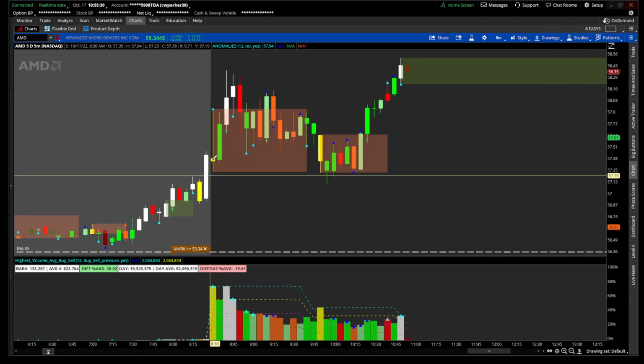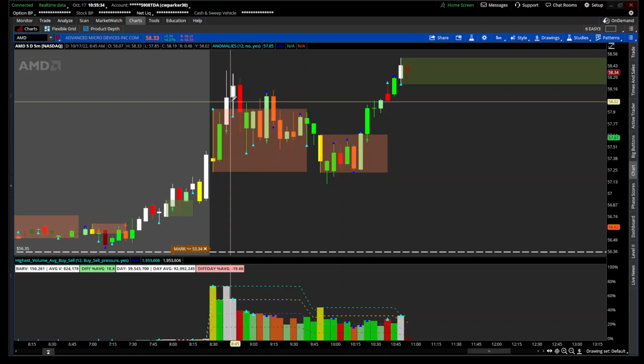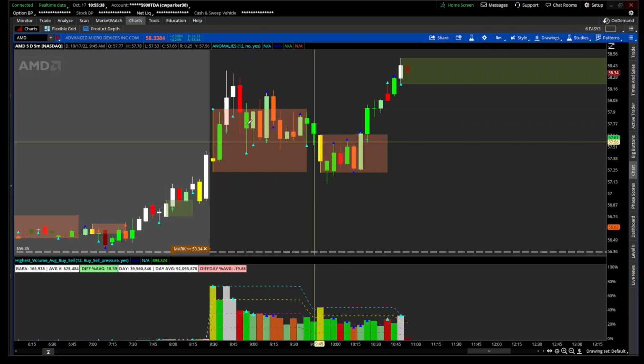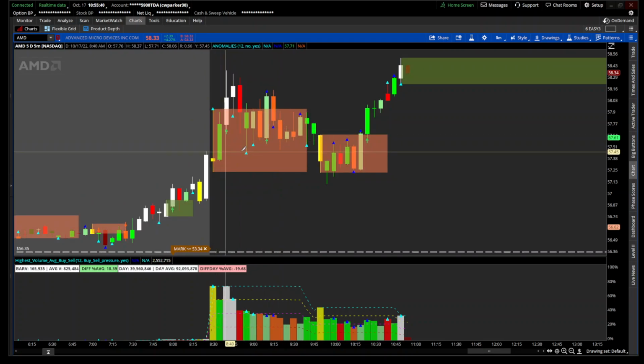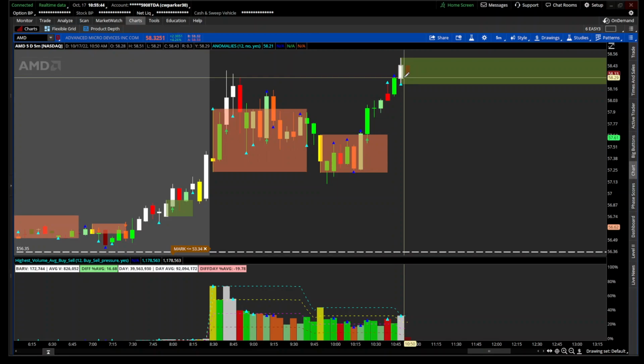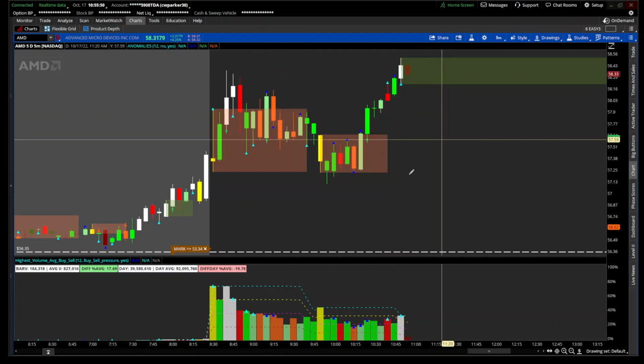You can see right here it created this last big volume node, and it is breaking. It attempted to break out, but it kind of just stayed in this range, in this candle right here. Same situation here, and this one right here looks to be the new buying volume high for this node.